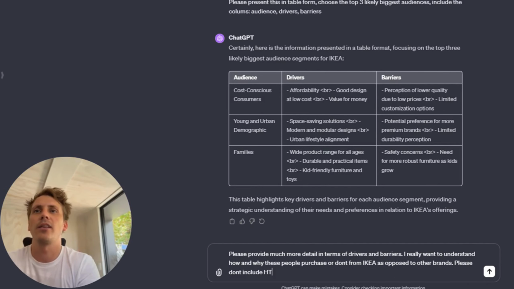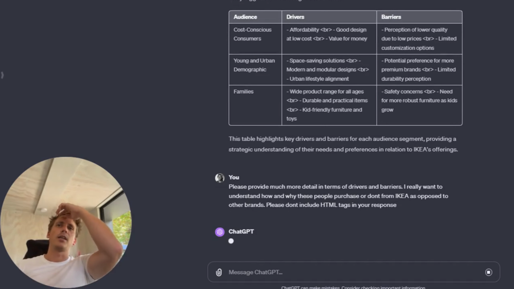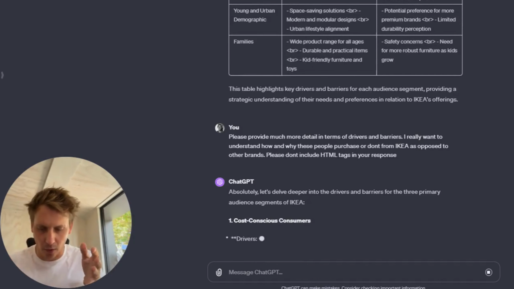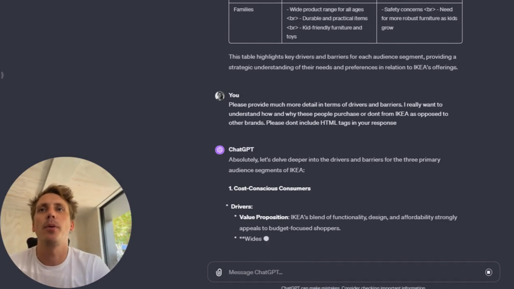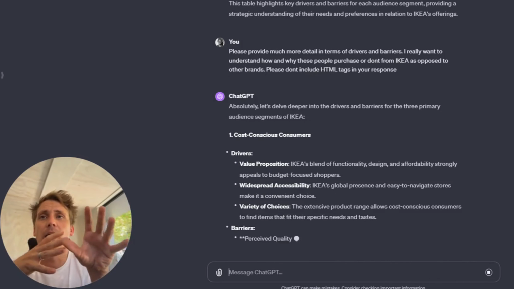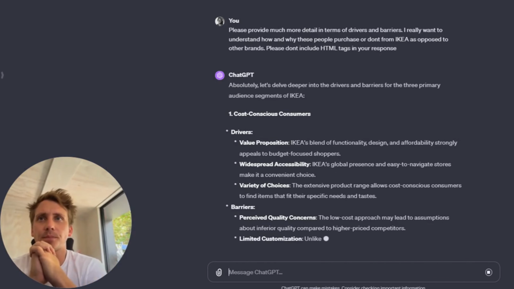Please don't include HTML tags in your response. So I'm going to let that run, and there what I'm trying to get it to do is really narrow in on what makes IKEA purchases different, or the IKEA audience different.